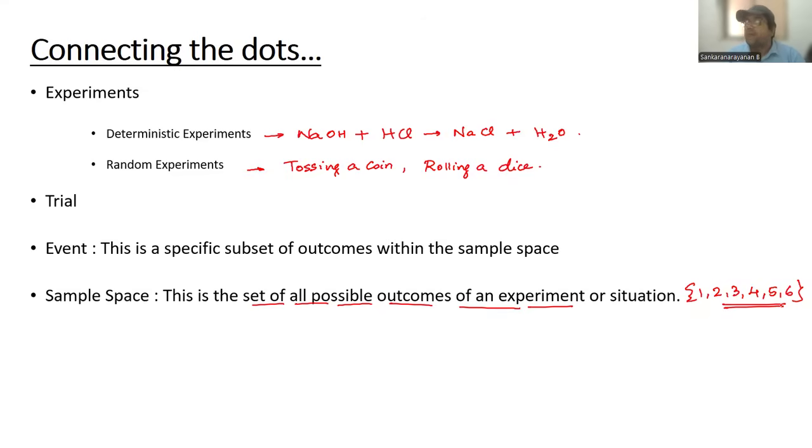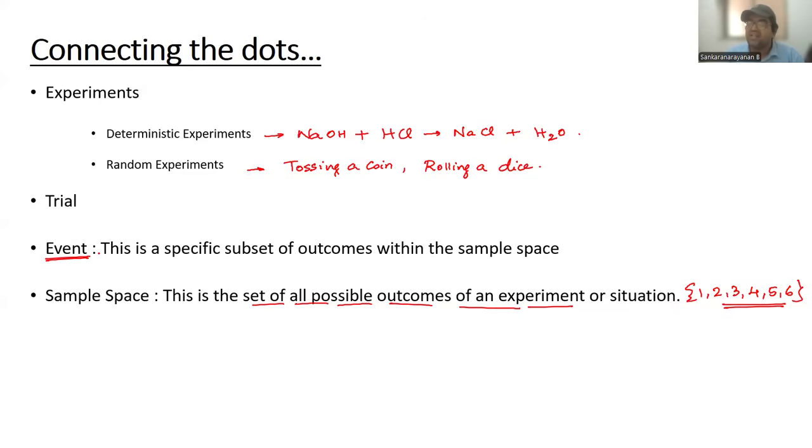Sample space is reporting to the experiment that I am performing. Now, after defining the sample space, the person is defining an event. For example, I rolled a dice, the sample space is 1 or 2 or 3 or 4 or 5 or 6. Now, I am defining an event.